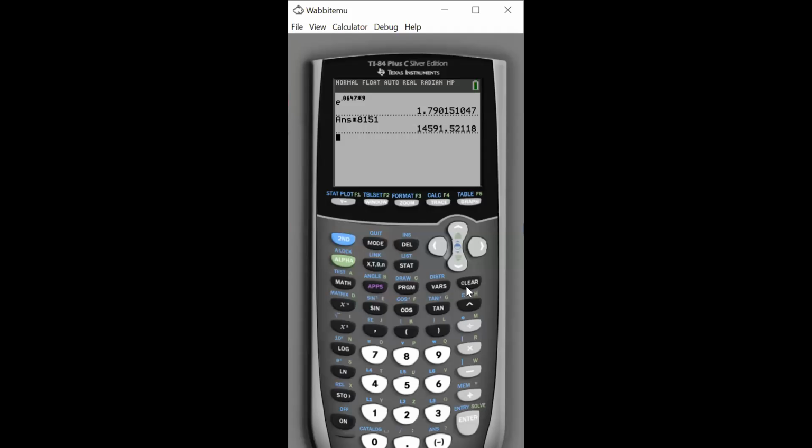So here's my calculator. Y equals, and I'm just going to type in x squared plus 2x minus 8.